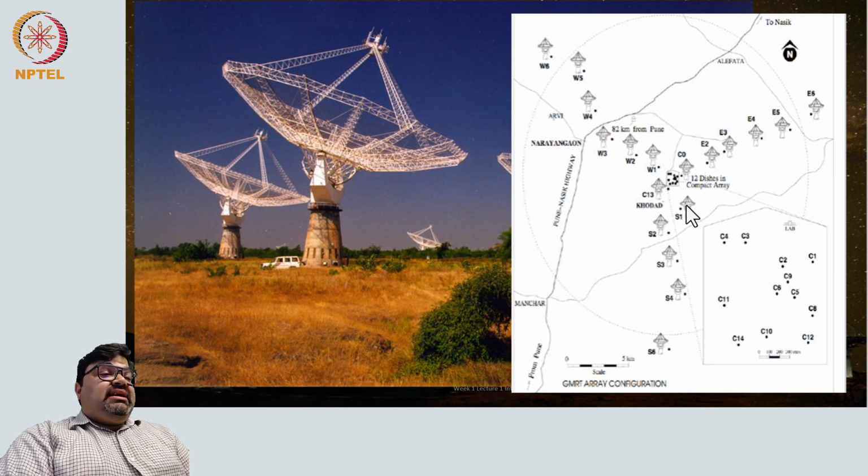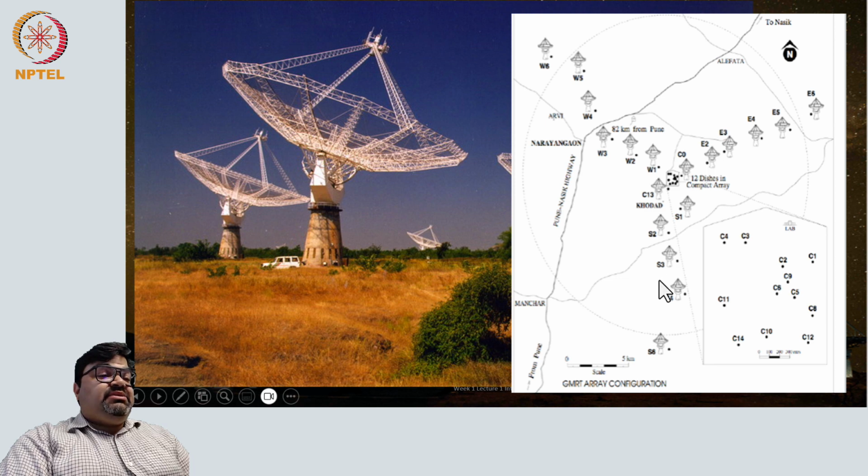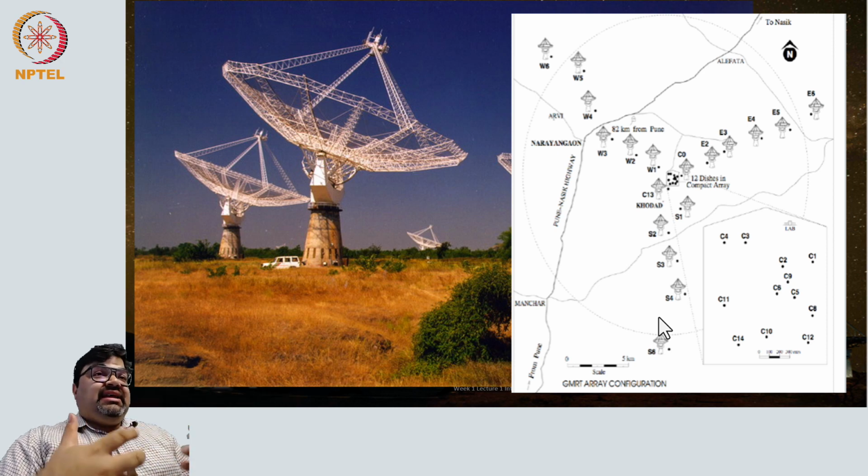So GMRT has 30 antennas, as I mentioned, and they are distributed in the same Y shape as the VLA. The only difference is that in the VLA, the antennas can reconfigure their positions, they can move from one point to the other, whereas for GMRT, they are fixed.